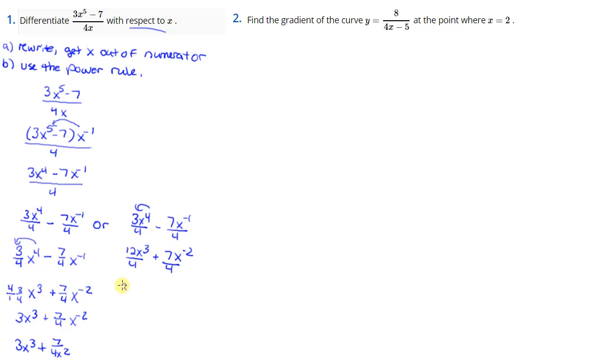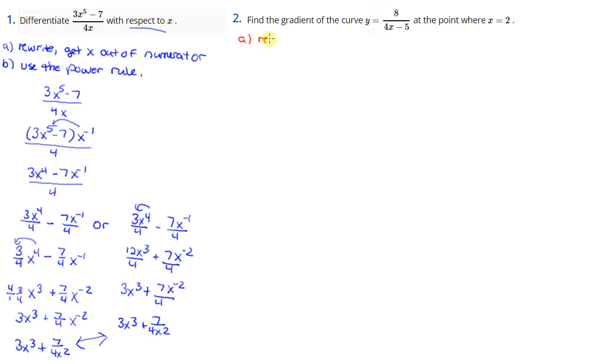When I simplify it, it becomes 3x to the 3rd, and then 7x to the negative 2 over 4 quickly becomes 7/4, and then bring the x down, so x squared. You see how these are the same thing. So it doesn't matter which one you do.